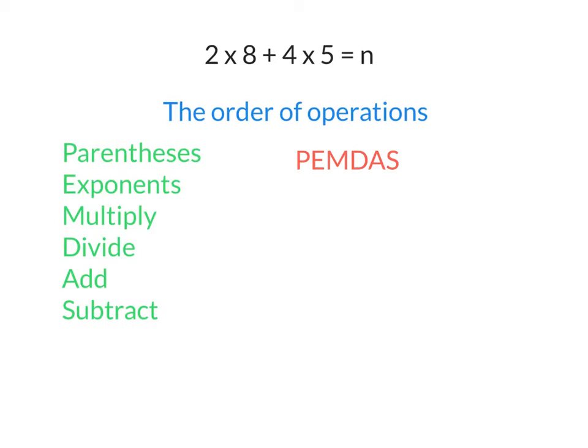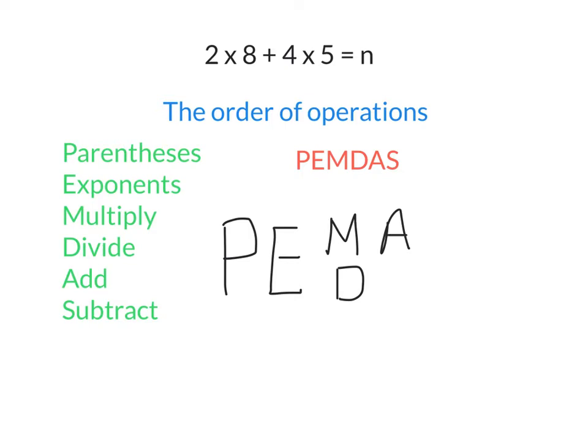PEMDAS. I'm going to change that just a little bit, and it's going to look like this. A big P, E, then I'm going to do M right above the D, and the A right above the S. So it's still those same letters, they're just written slightly different.